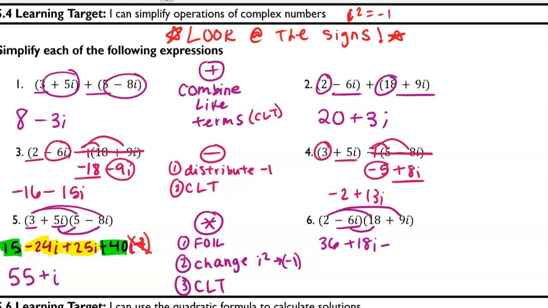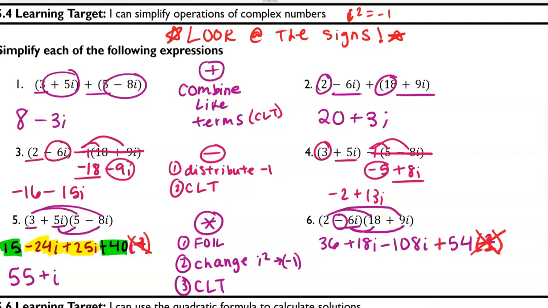But it is a -6, so we're going to have -108i. Then we have -6i times 9i, and 6 times 9 is 54. One of the numbers is negative, that's 6, so we're going to have -54i squared. Now, changing the i squared to -1, all that does is change the sign and remove the i.